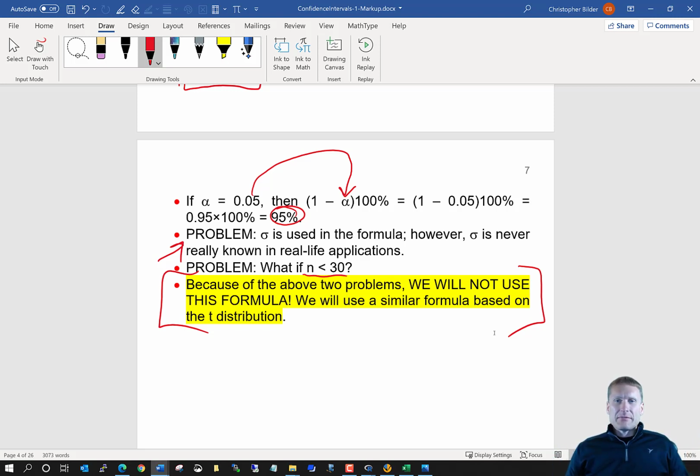In the end, just use the t distribution in our class. This new interval that we're going to use is based upon this new probability distribution. If you end up using the standard normal distribution, please note I will count off points on a test or any other kind of graded activity.